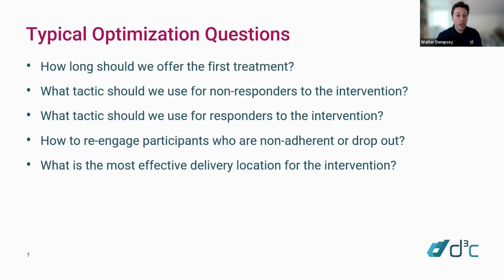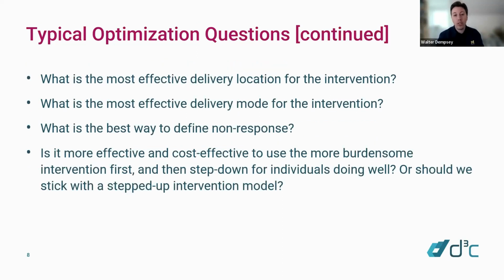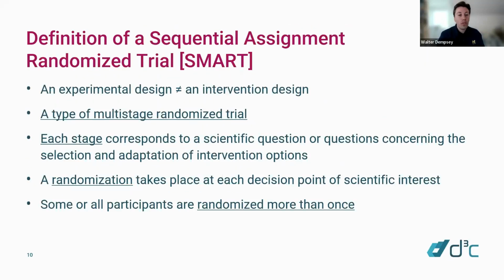I'm going to focus for the most part on what tactic I should start out with. So what should be my initial treatment strategy? And then what should be my treatment strategy for non-responders? So those are the two questions I'm going to focus on. I just want to point out that there are other optimization-based questions you can ask in this framework. And so what the SMART does, here it's an experimental design.